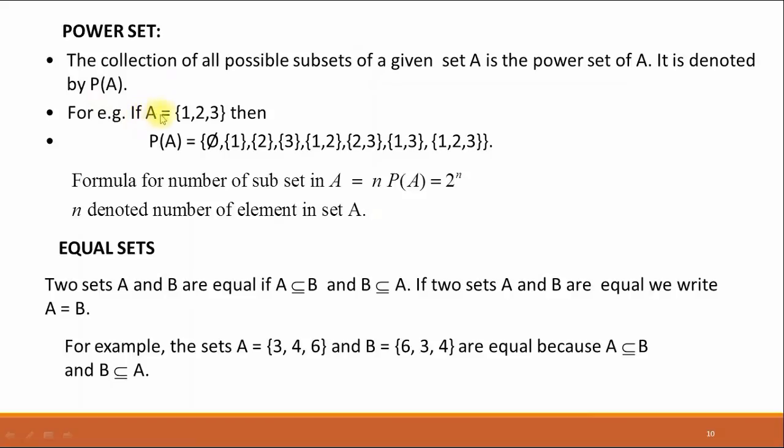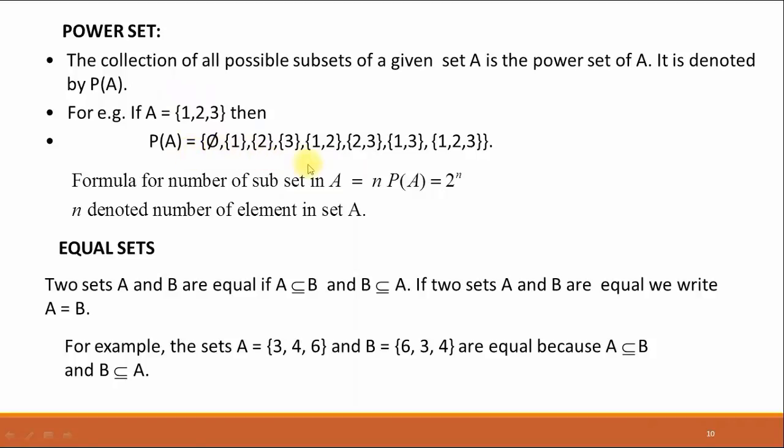For example, if A = {1, 2, 3}, then to find the power set of A, write each single element in a set, {1}, {2}, {3}, and then {1, 2}, {2, 3}, {1, 3}, and this set itself, along with the empty set.